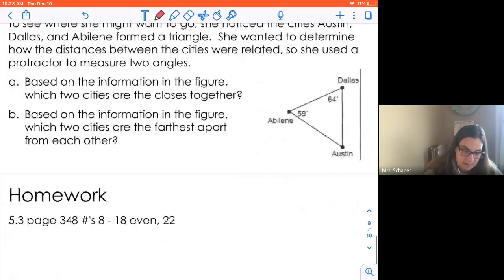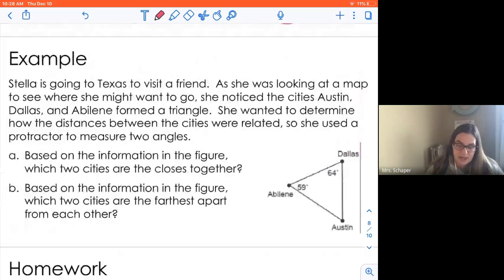Stella's going to Texas to visit a friend. She was looking at a map to see where she might want to go. She noticed the cities Austin, Dallas, and Abilene form a triangle. She wanted to determine how the distances between the cities were related, so she used a protractor to measure two angles. Based on the information in the figure, which two cities are the closest together? First, I have to figure out that third angle.